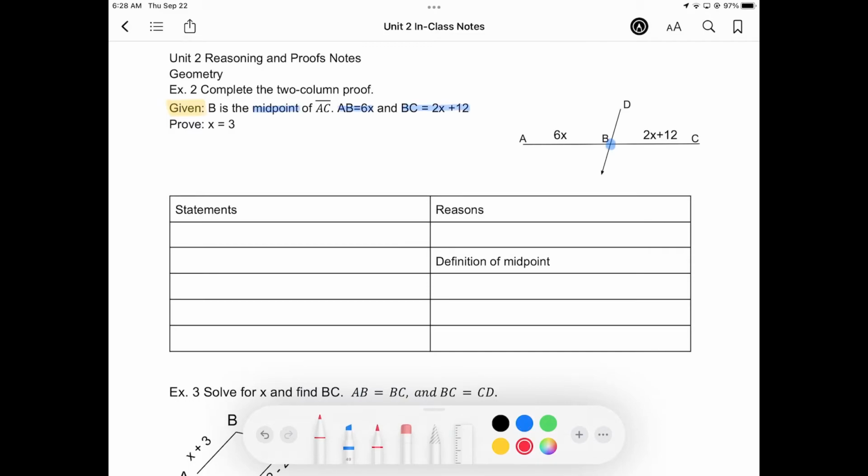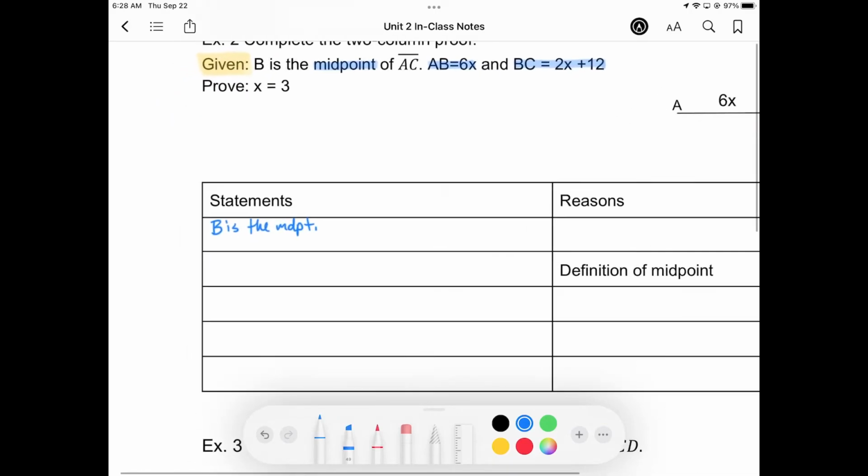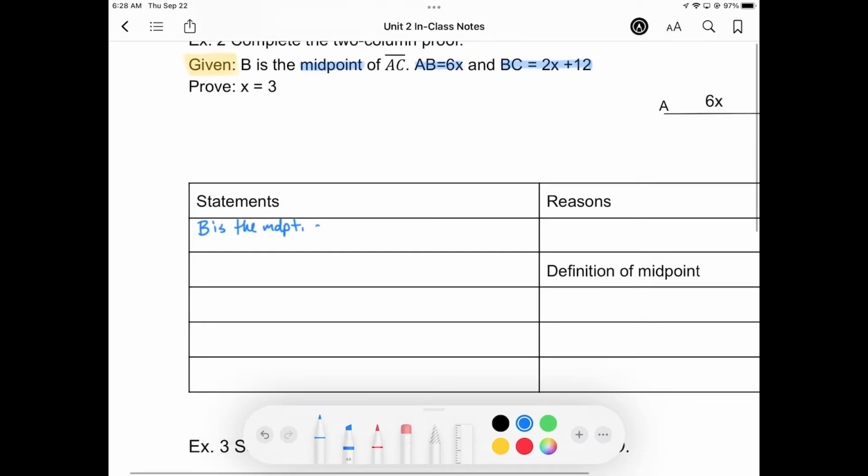So again, we want to start with all the given information. And I'm writing pretty small to try and fit it all in. B is the midpoint of AC. We know AB equals 6x and BC equals 2x plus 12.